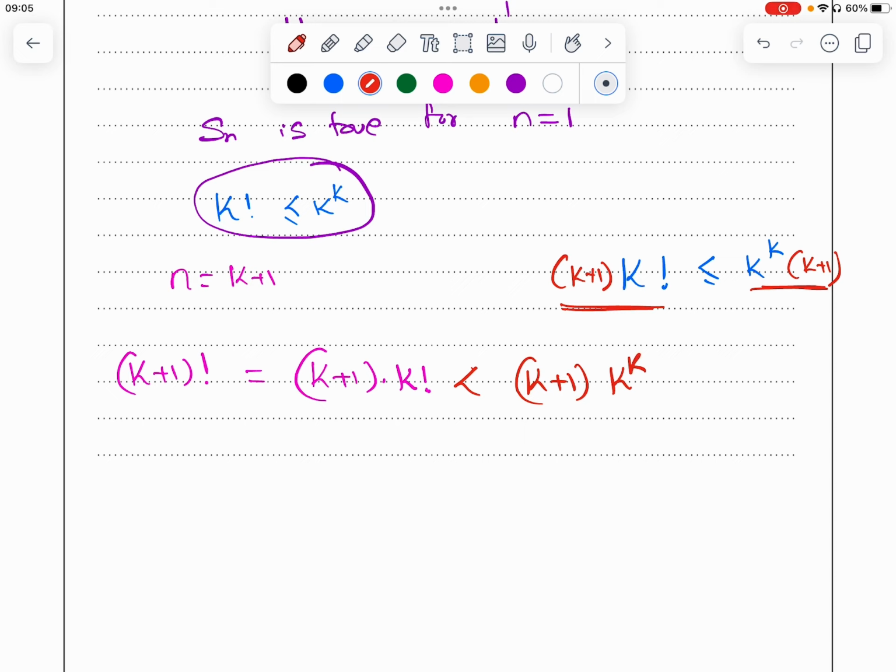This will obviously be less than k plus 1 times k plus 1 to the power of k, because I'm replacing k with k plus 1. So obviously it will be less than the next number. This is by logic.